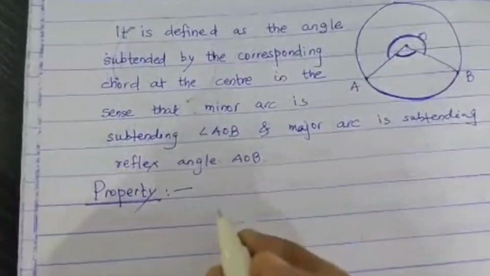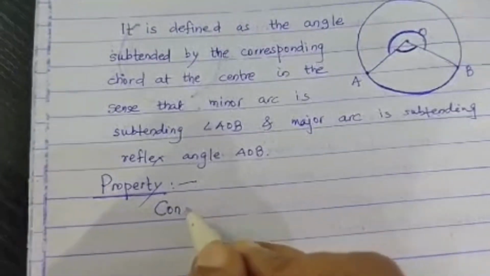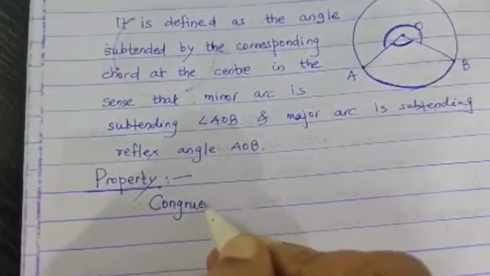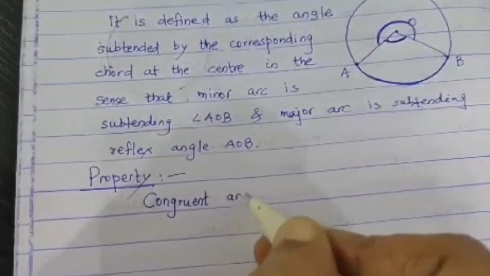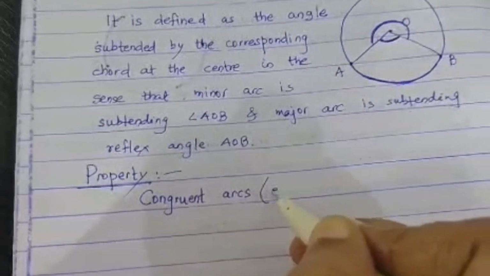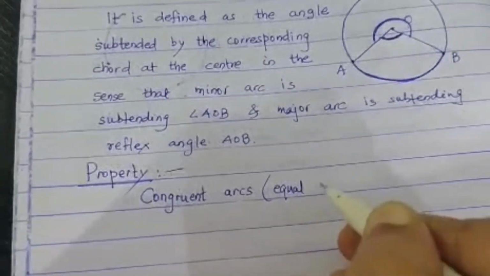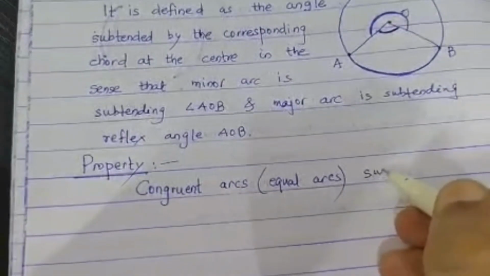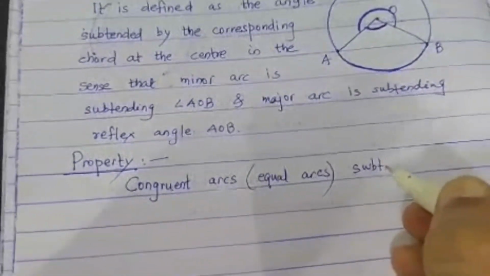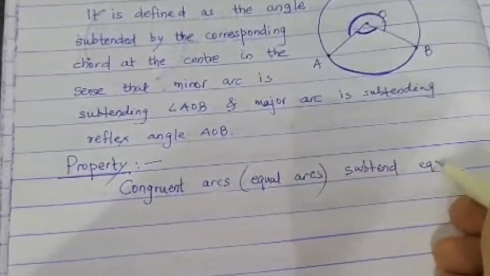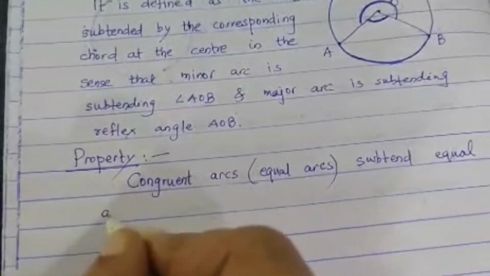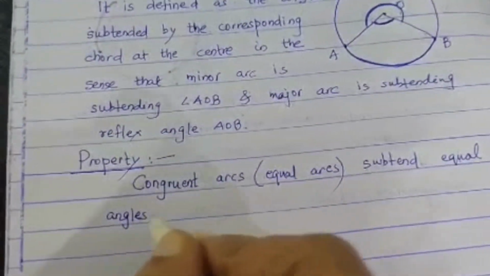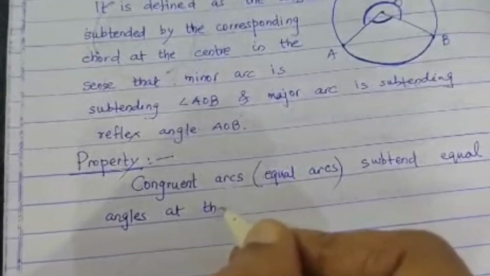Congruent arcs, or equal arcs, subtend equal angles at the center.